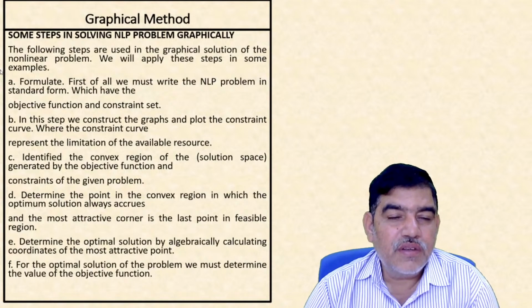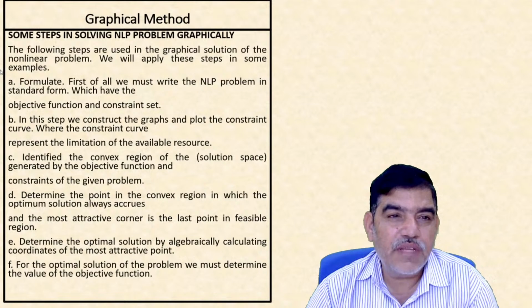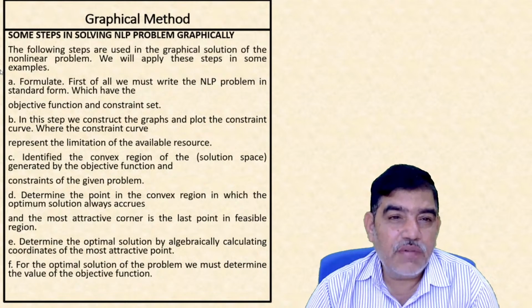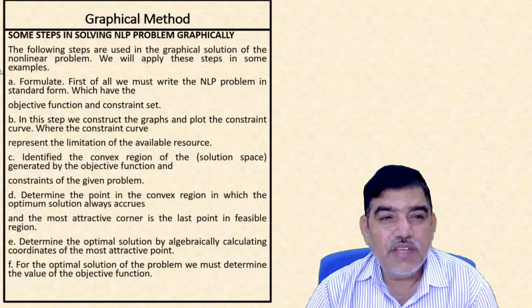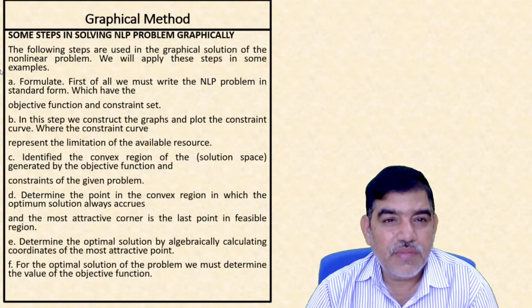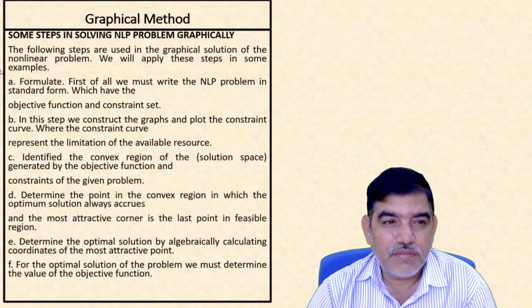Now, we follow some steps to solve the nonlinear programming problem using the graphical method. The following steps are used in the graphical solution of nonlinear problems, and we will apply these steps in some examples.